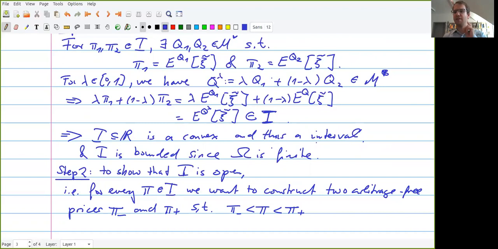So this means if we have an element in I, we can always find some element to the right and to the left.